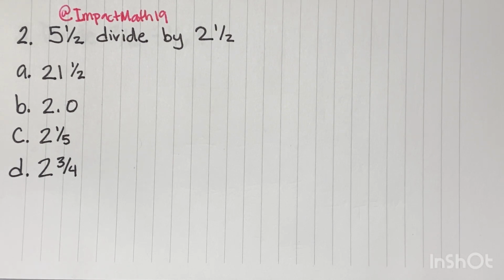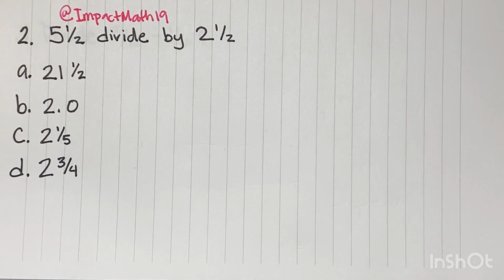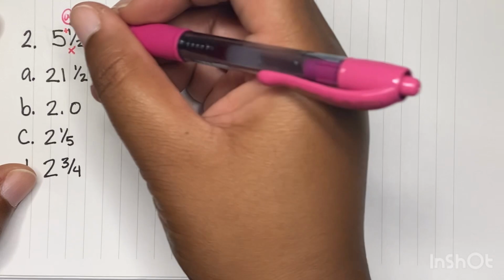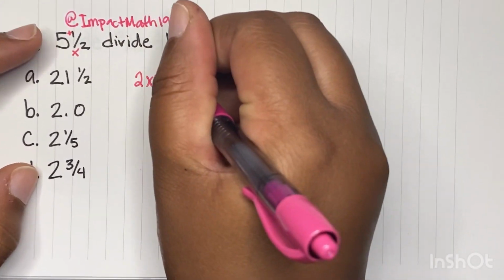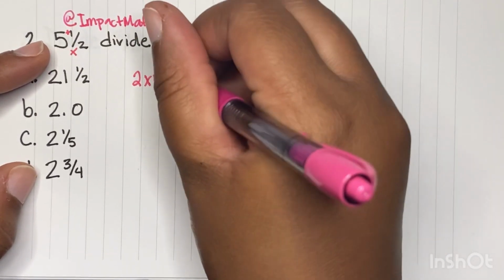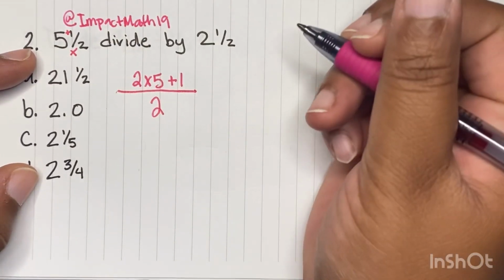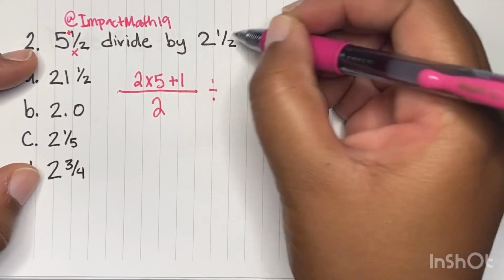Our very first step is to change these mixed numbers to improper. And how we do that is we're going to multiply, then add. So we're going to do 2 times the whole number 5, and we're going to add the numerator, which is 1. And we put that all over what we divided by, which is 2, okay? Now it says divided by 2 1/2.